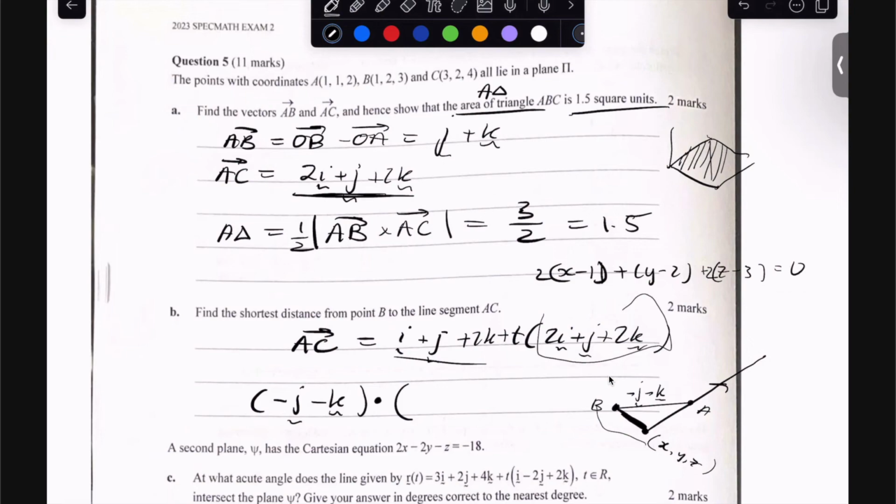So you can just take x to be 1, y to be 2, and z to be 3. So 1, 2, 3. And that is point B, isn't it? What have I done?